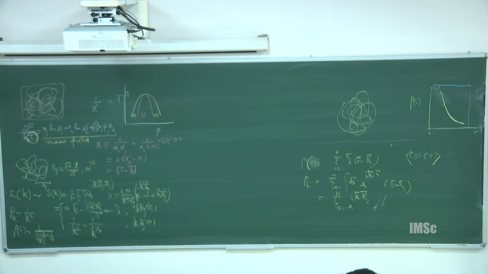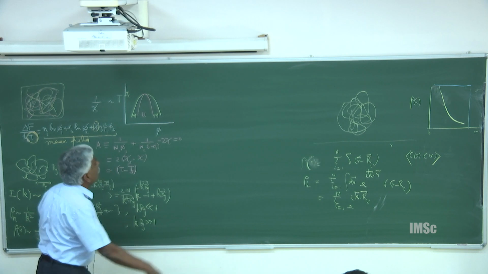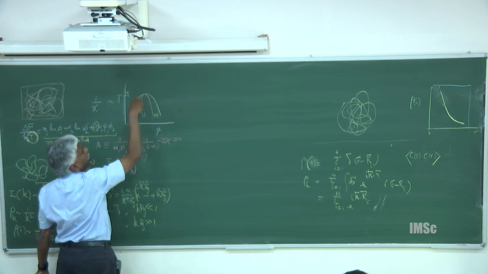Okay, so what I would like to do today, equipped with all this information, is go down below the coexistence curve. Here is a homogeneous phase, and I want to go down into this.